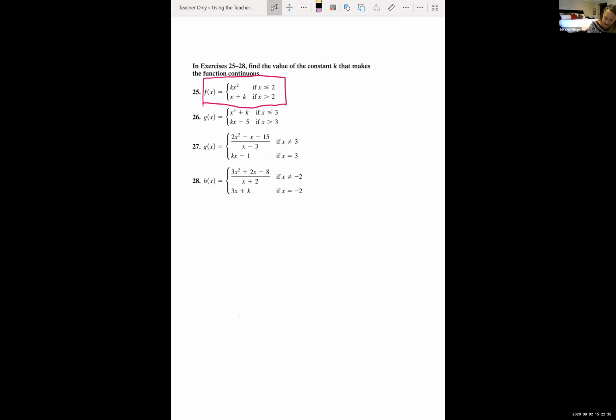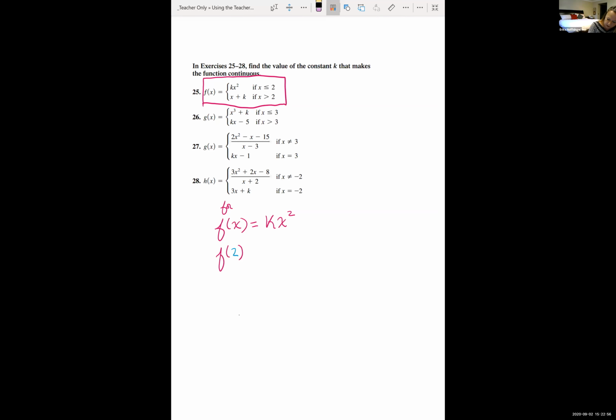So if we look at f of 2, for f of x equals k times x squared, we're going to plug in 2 wherever we see an x.